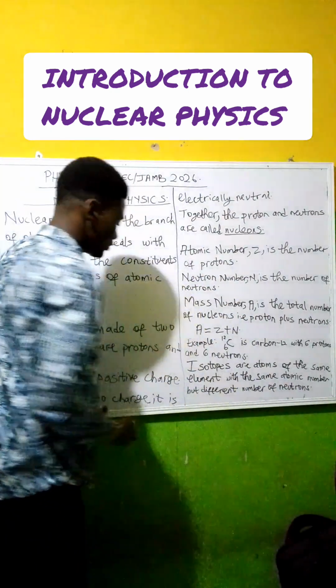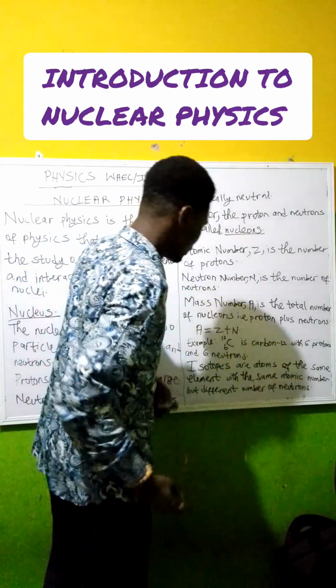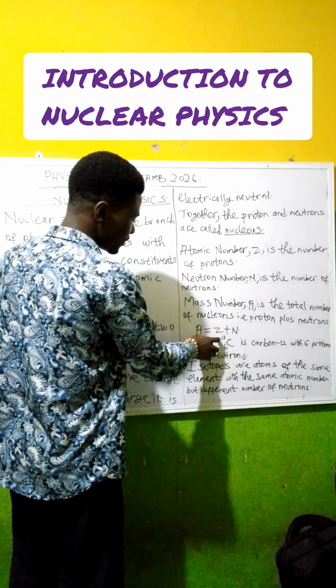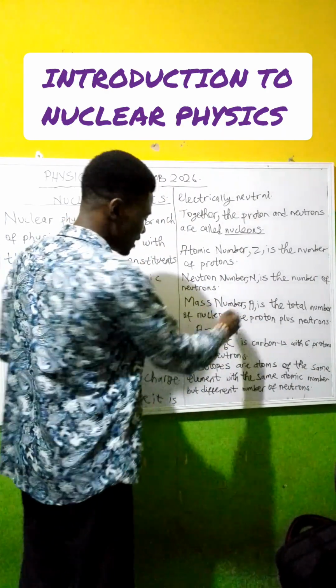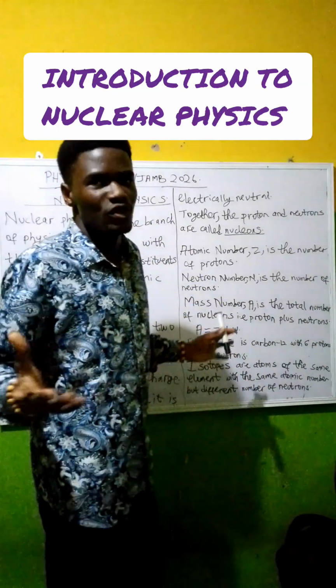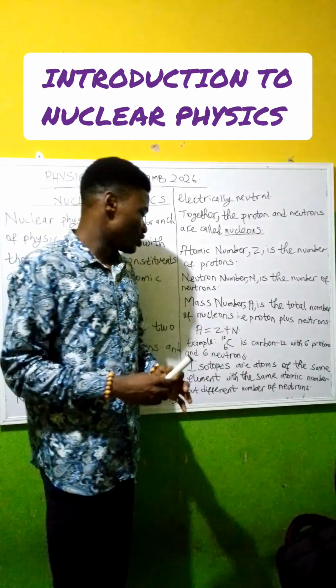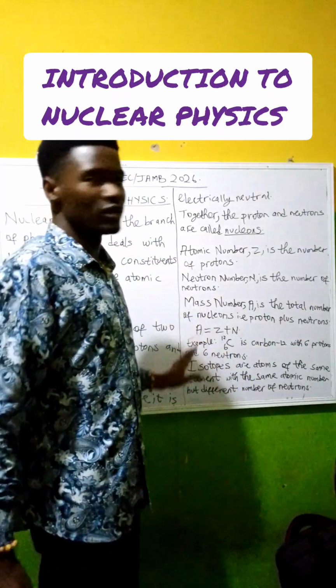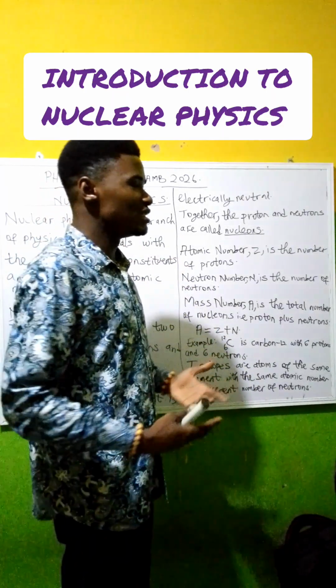So let's look at this example now. We have carbon 12. Up here is our A, which is the mass number, and down here is our Z. If they give you an element in this format, how do you find the neutron number?